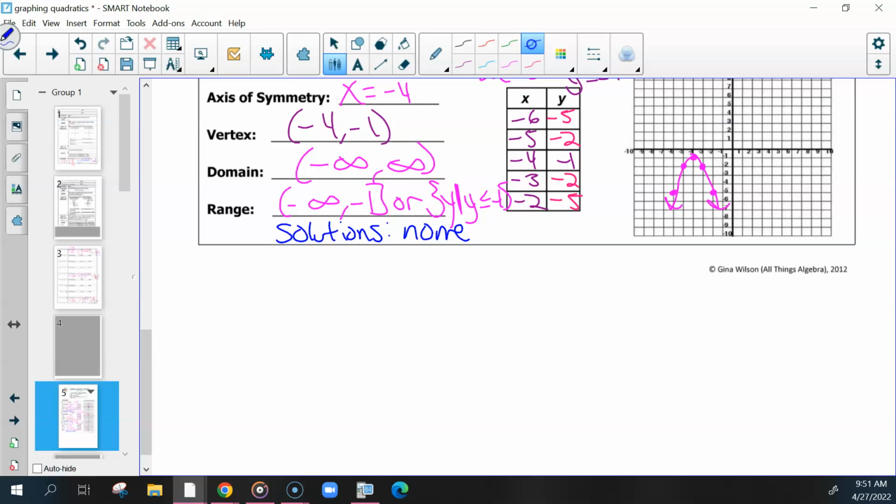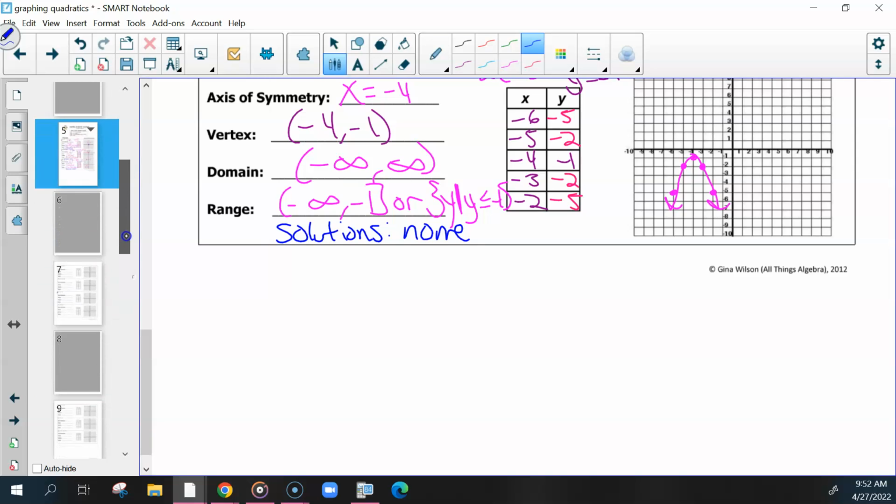Okay. I want to do one more, but I want to show you how you would do this on Desmos. If you have your computer and it's alive, take it out really fast so we can do this. If you don't, just follow along with me. Go to Desmos, those of you on your computers.